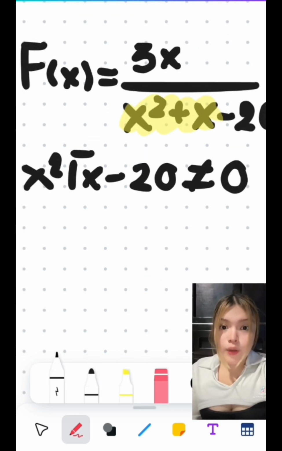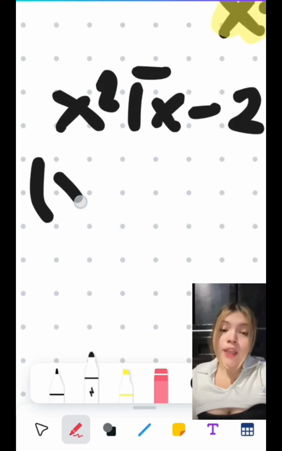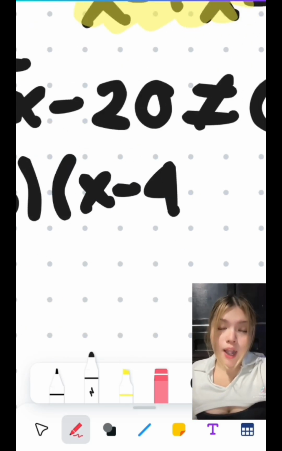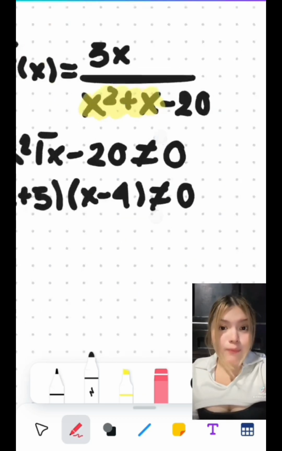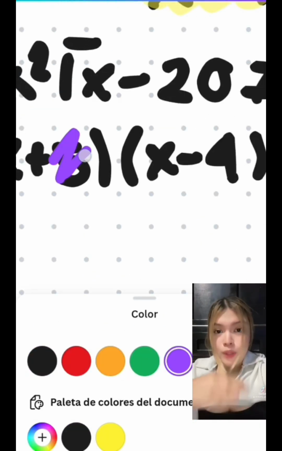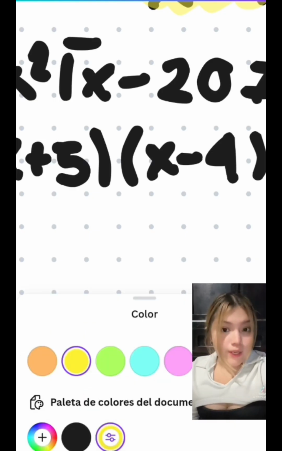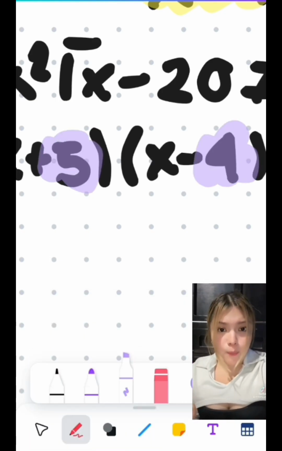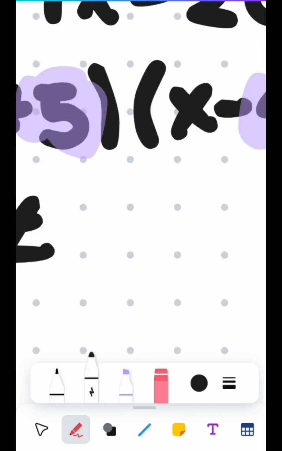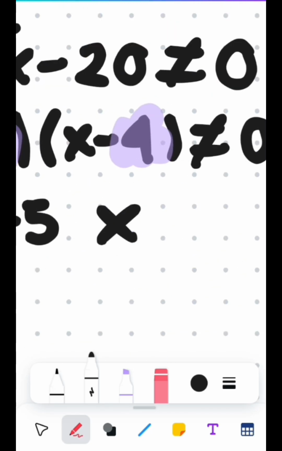This will be 5 and 4. So x plus 5 is not equal to 0 and x minus 4 is not equal to 0.